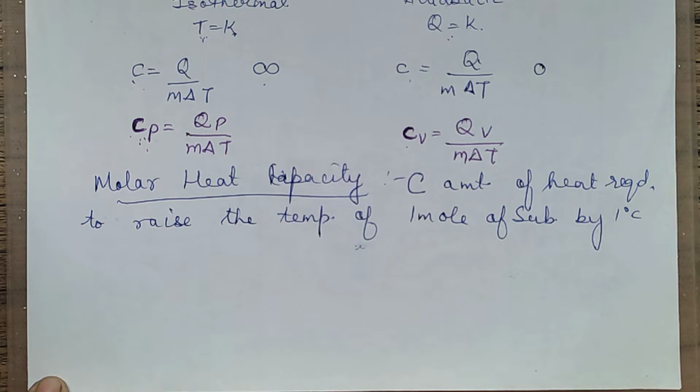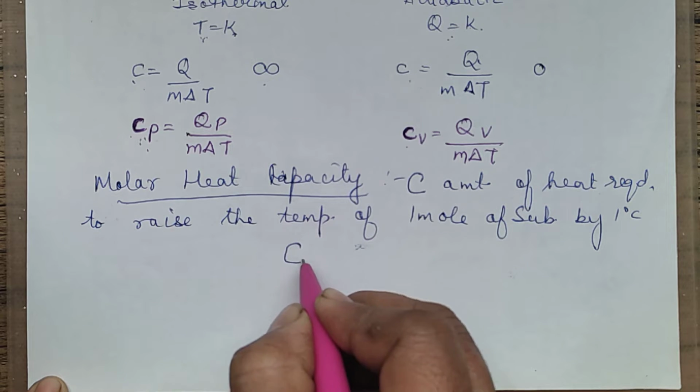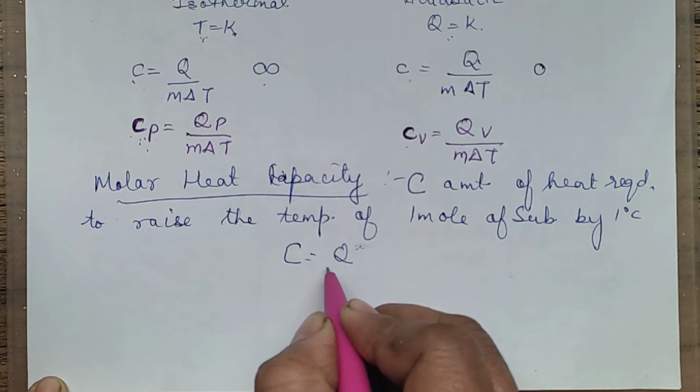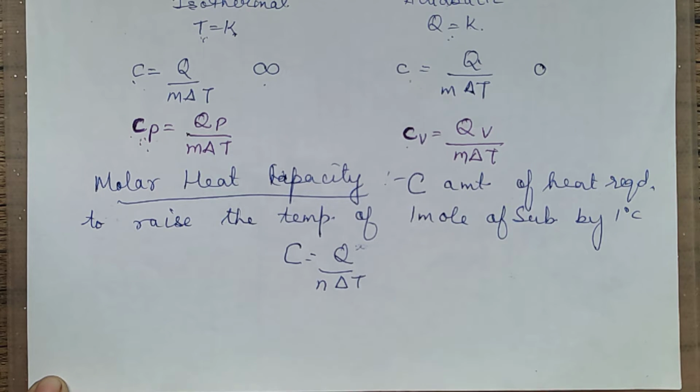So whatever formula we wrote earlier as C is equal to Q by M delta T, now we will write as number of moles times delta T, that is Q by N delta T.